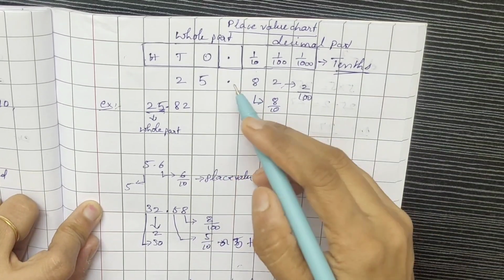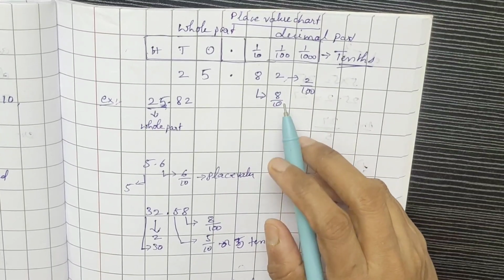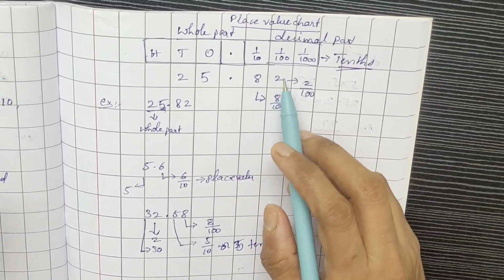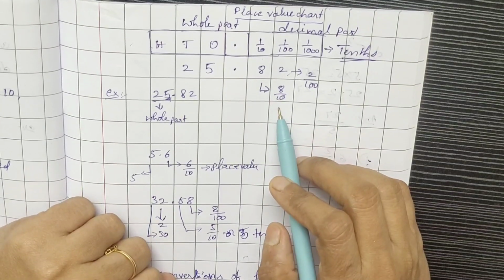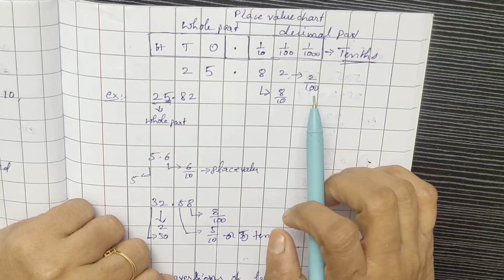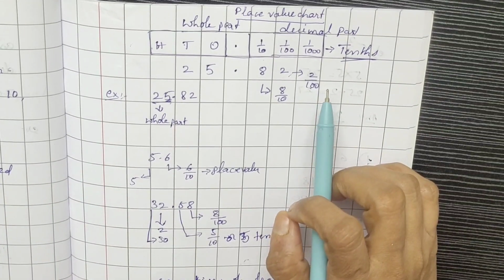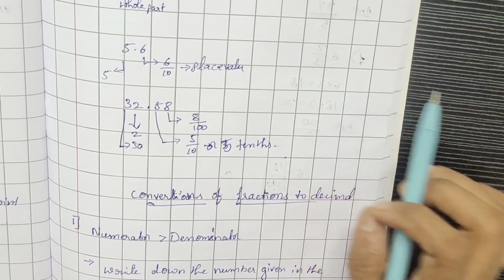Next comes the decimals. Same, 82. But the place value of 8 is 8 tenths. Okay? 2 is 2 hundredths. Okay? Understood?